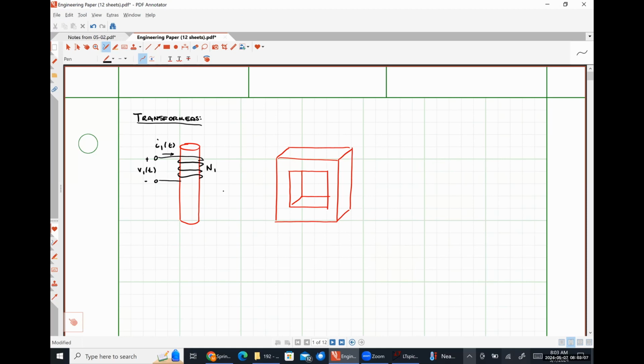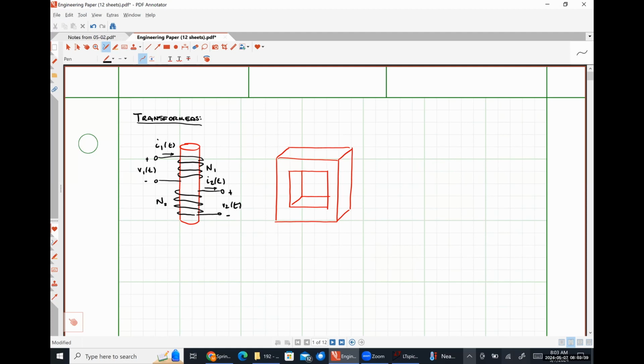And then I'm going to put a second coil, wrapped around it in this way. This second coil has N2 turns, current of I2 is leaving, and here's our induced voltage drop of V2.